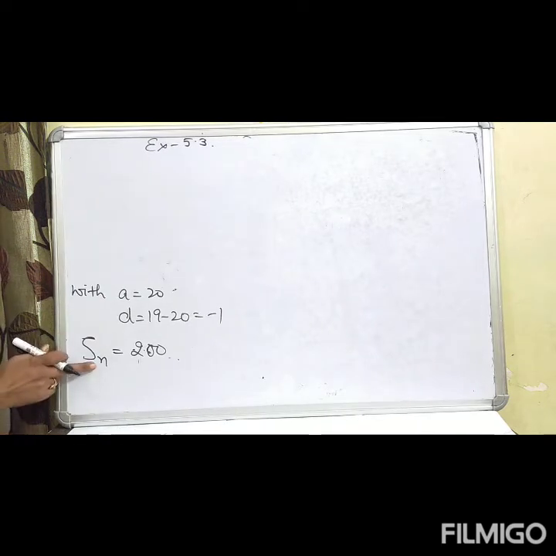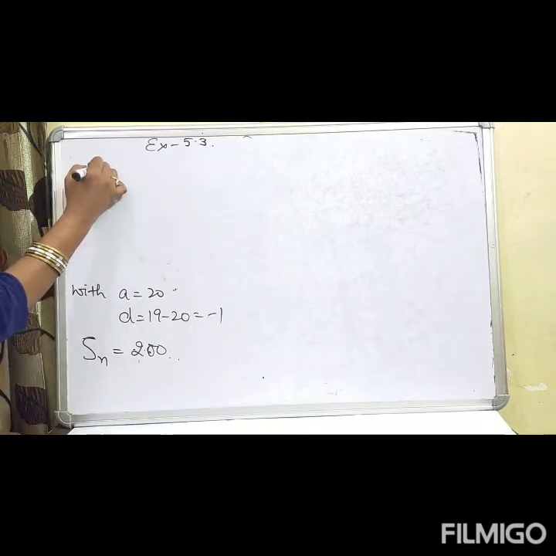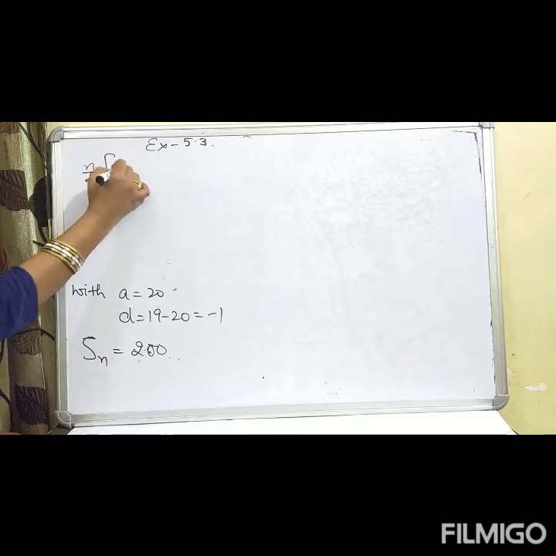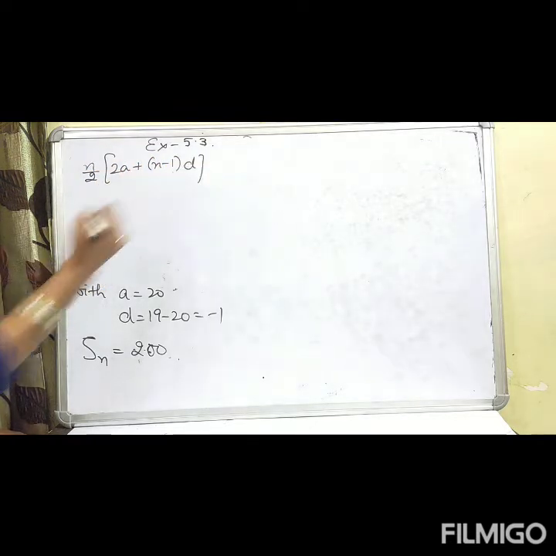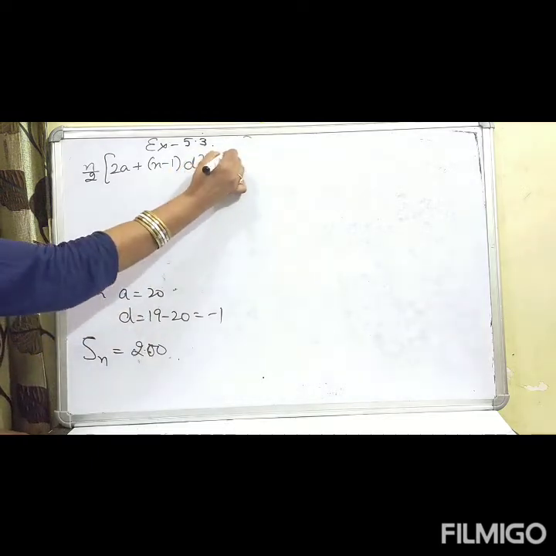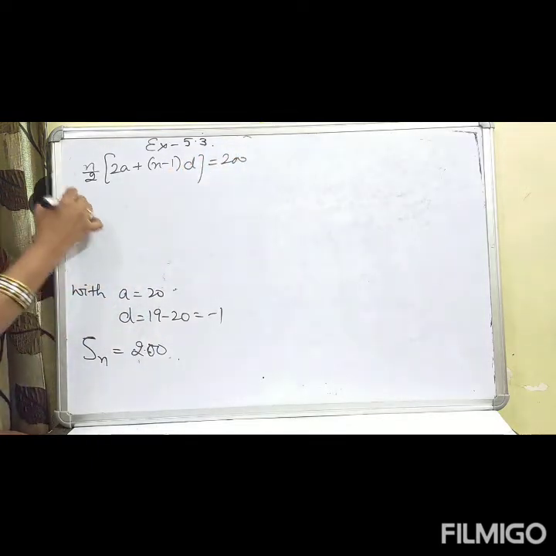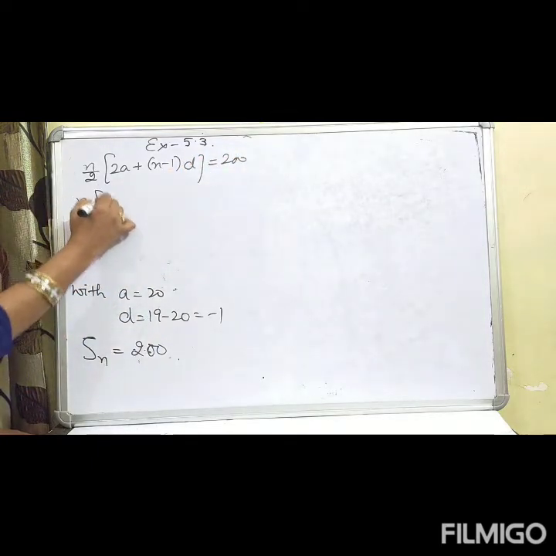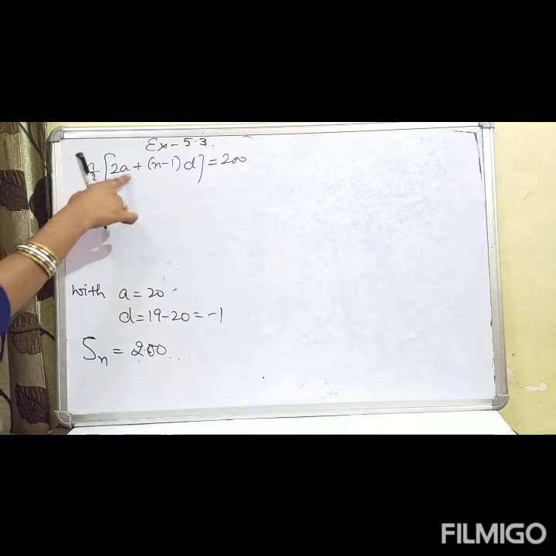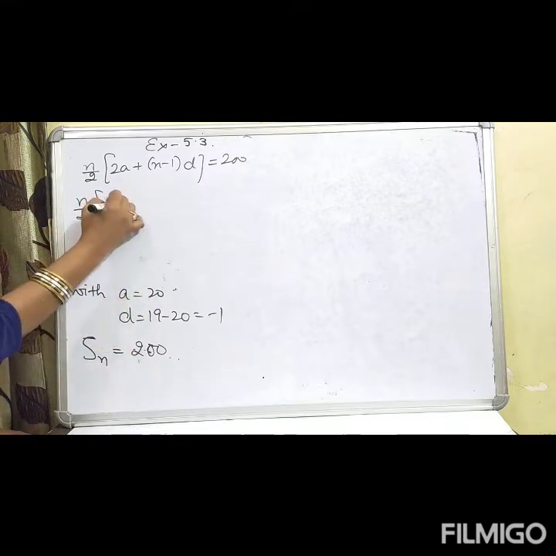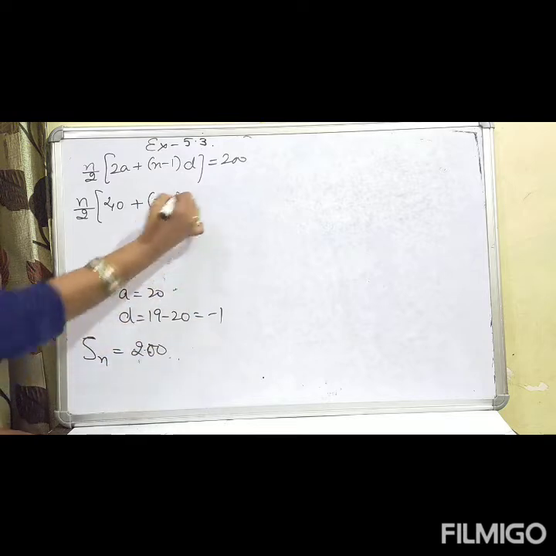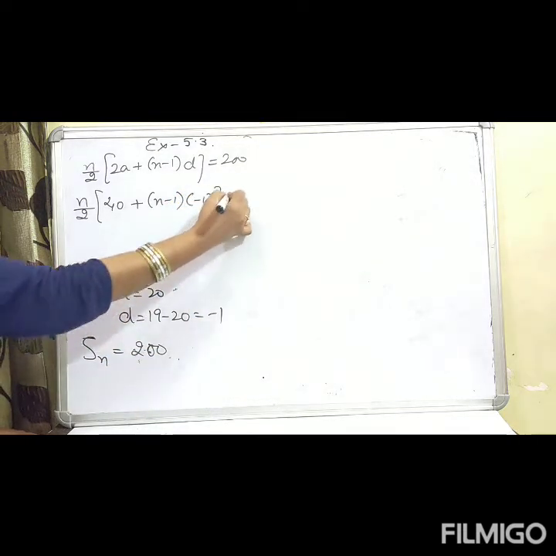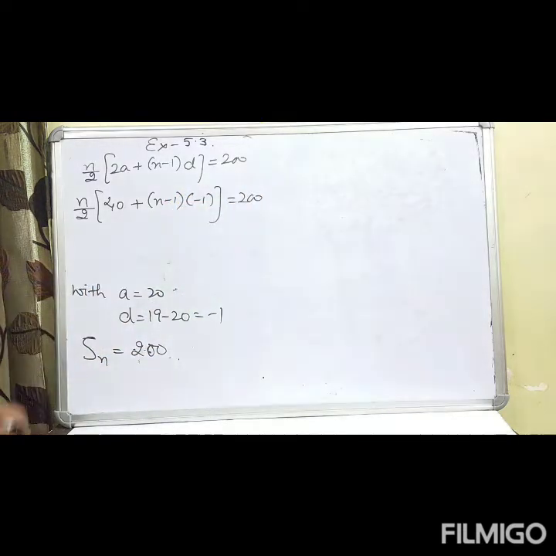So now the formula for Sn is n by 2 into 2a plus n minus 1 into d, equal to 200. We don't know the value of n here, so it will be as it is. 2a, a is 20, so it will be 40 plus n minus 1, and d is minus 1, equal to 200.